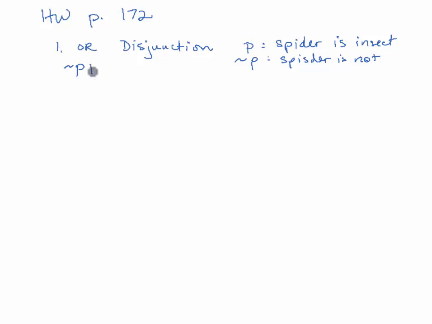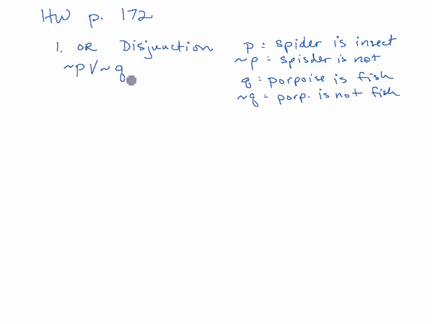Okay, so you're being given not P or a porpoise is not a fish. That would be Q is a porpoise is a fish. A porpoise is what we normally call a dolphin. So not Q would be porpoise is not fish.